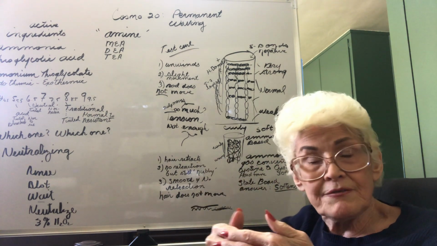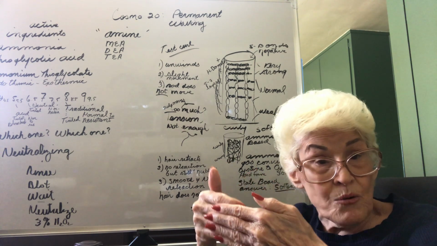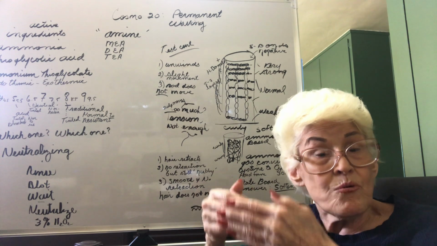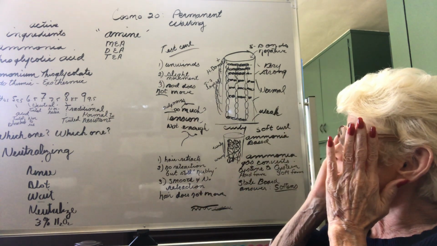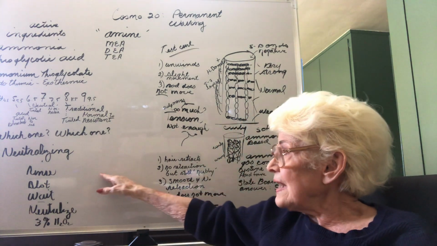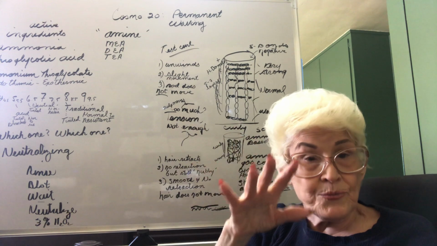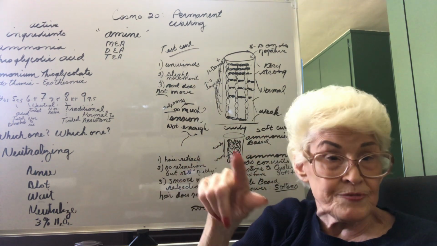So the hair gives you an actual visual as to how do I know when it's done. No more guesswork, okay? So now I need to neutralize it. Once I take her to the sink and I rinse the solution out of the hair, I begin the molecular movement.